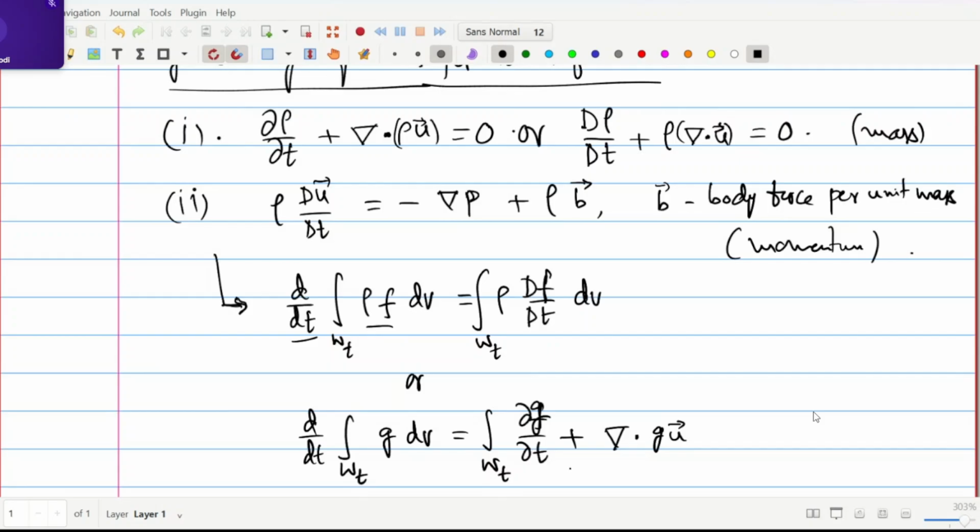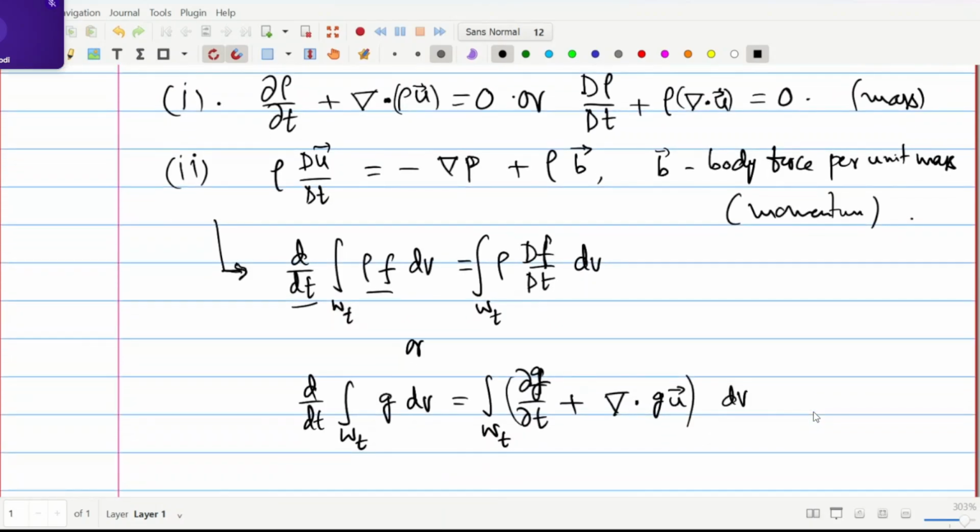Sir, last time you wrote capital D F by Dt plus dou into fu for this one. Which one, the first or the second? The second one, sir. That's what I'm writing now here also, right? Here, sir, you have written dou g by dou t, and last time you wrote capital Dg by capital Dt, something like that.